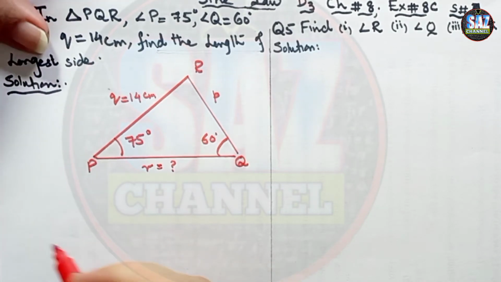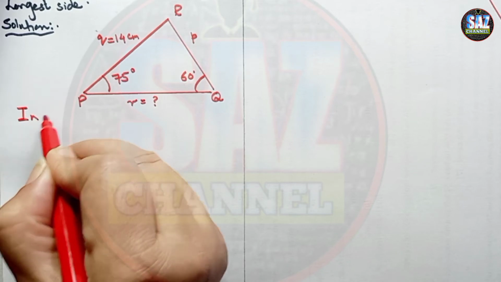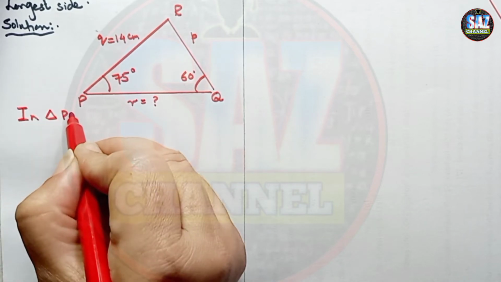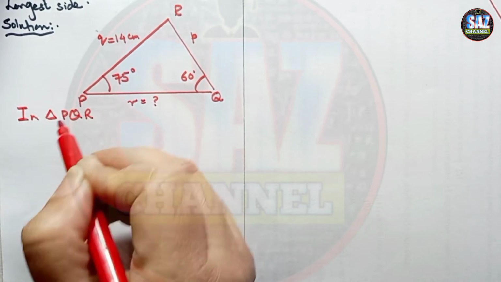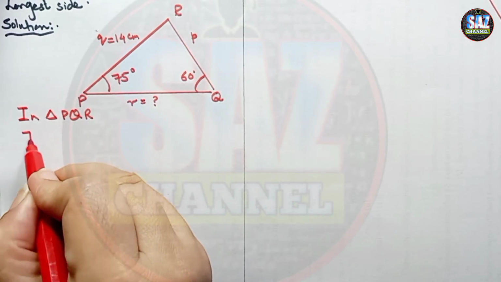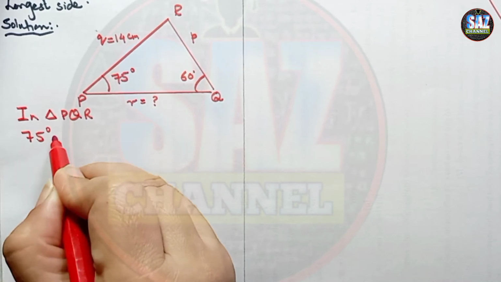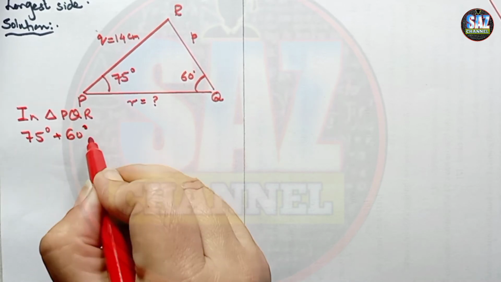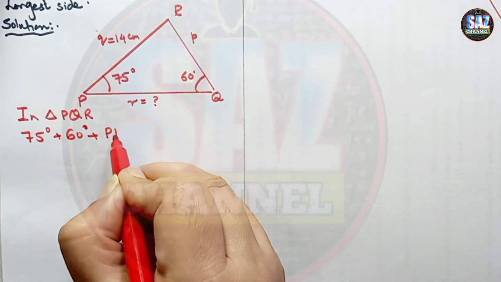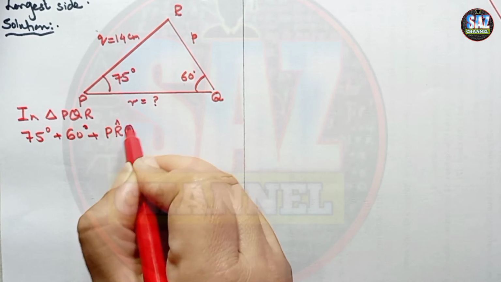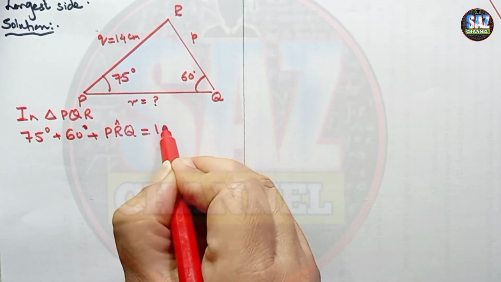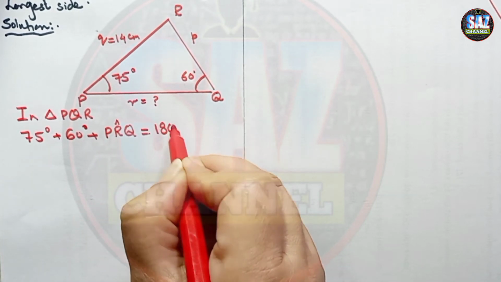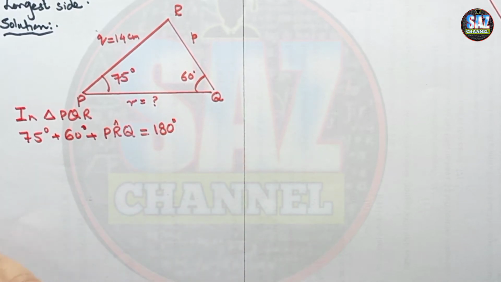In triangle PQR, we are given two angles, 75 degrees plus 60 degrees plus angle PRQ, which is the unknown angle, equals 180 degrees because the sum of interior angles of a triangle is 180 degrees.